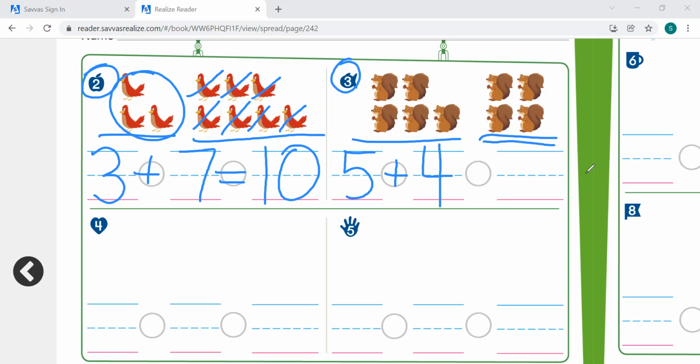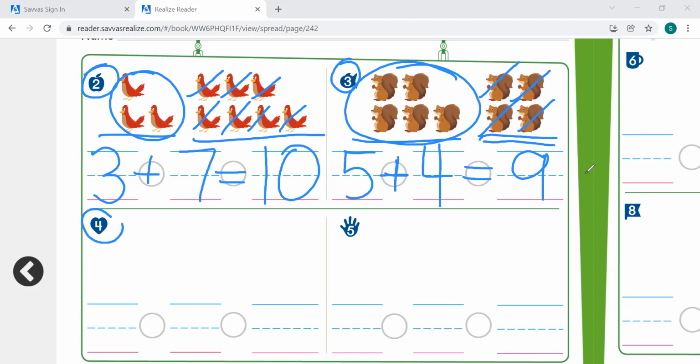So we put 4. We put our plus sign here. That means adding. And we want to see how many in all. 5, 6, 7, 8, 9. We have 9 squirrels in all.